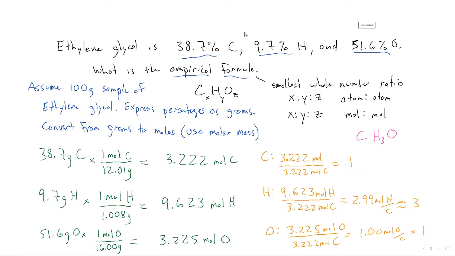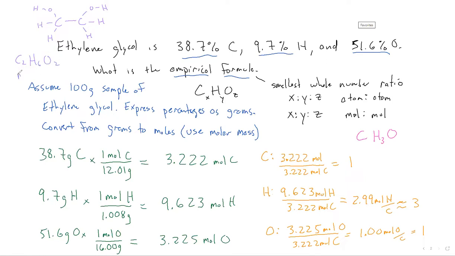And I happen to know the structure of ethylene glycol is this. So you can see there are 2 carbons, 6 hydrogens, and 2 oxygens.